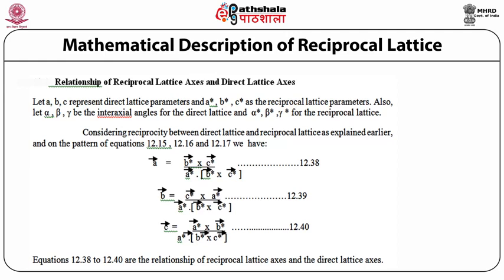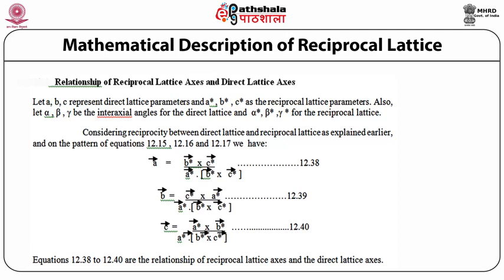Considering reciprocity between direct lattice and reciprocal lattice as explained earlier, and on the pattern of equations 12.15, 12.16 and 12.17, we have a vector equal to b star cross c star upon a star dot b star cross c star, given as equation 12.38.